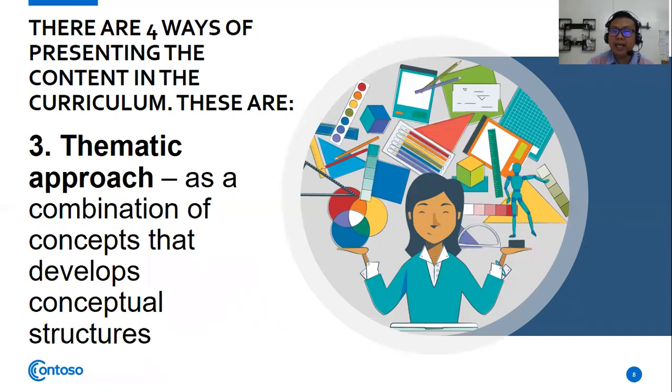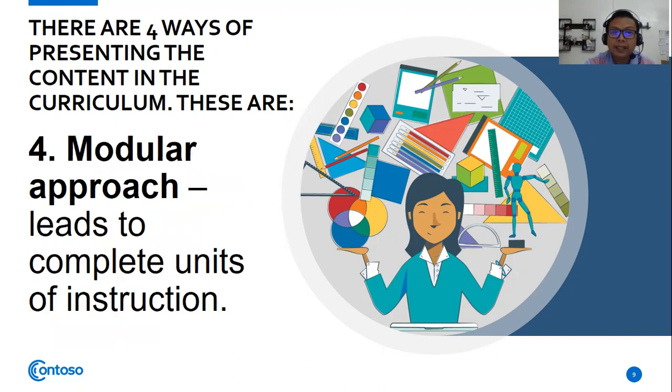The third way is the thematic approach. It is a combination of concepts. We have these concepts categorized into one theme that develops conceptual structures. So we have this main theme, and under each theme are the concepts which are combined. And these concepts are being clustered in one topic.